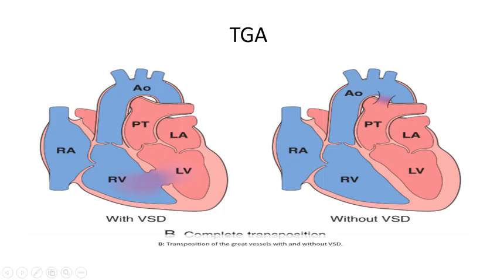So the aorta arises from the right ventricle and the pulmonary artery arises from the left ventricle. This is a picture of transposition of the great arteries with ventricular septal defect and without ventricular septal defect.